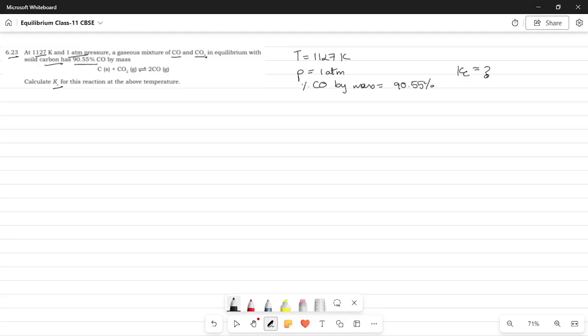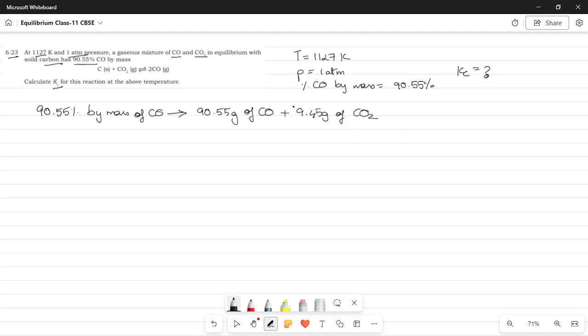So first thing, we've been given that 90.55% by mass of carbon monoxide implies that you have 90.55 grams of carbon monoxide plus 9.45 grams of carbon dioxide.